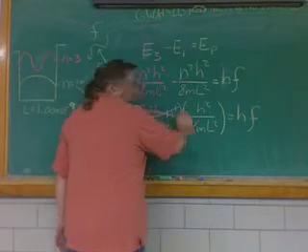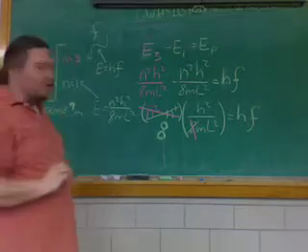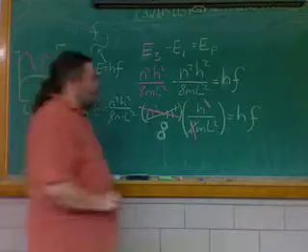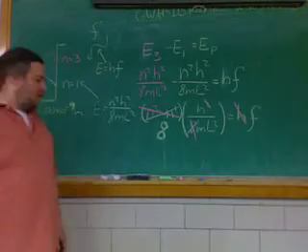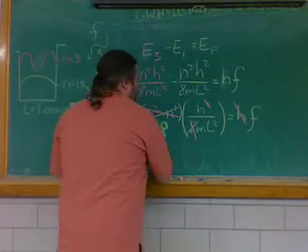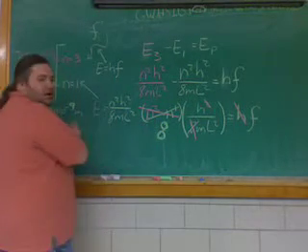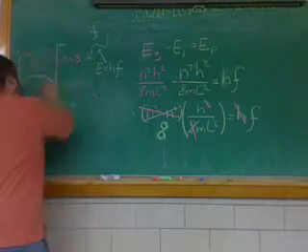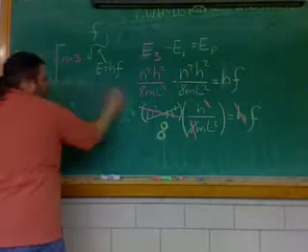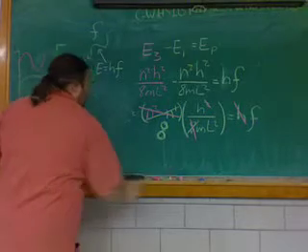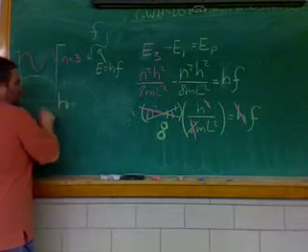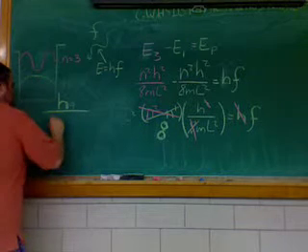So at that point, all I'm left with, and I'm going to erase this section right here, is that. So I have Planck's constant. Now there's a little bit of schmutz right there.